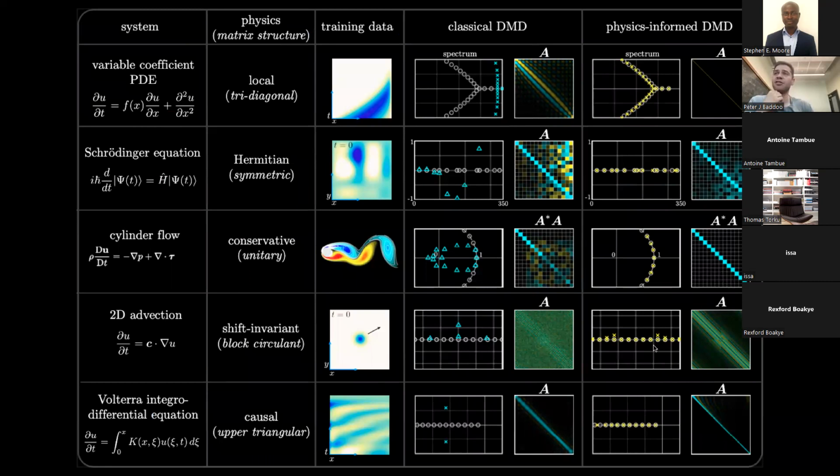The thing I would just draw your attention to is this column and this column, which is just that the standard DMD approach learns a relatively inaccurate, sometimes very inaccurate spectrum, whereas the physics-informed approach learns the spectrum that is much more accurate and closer to the true spectrum of the underlying PDE that generated the data.